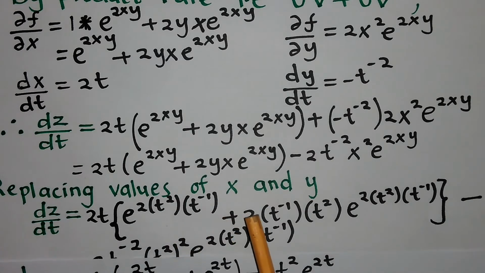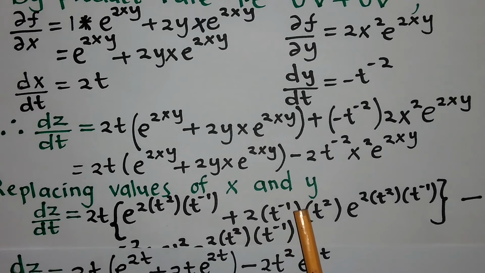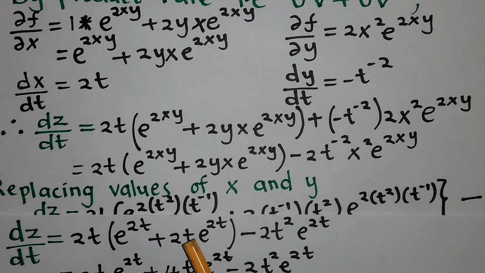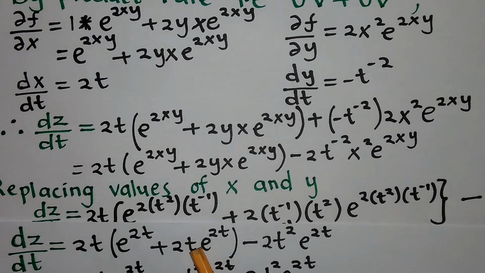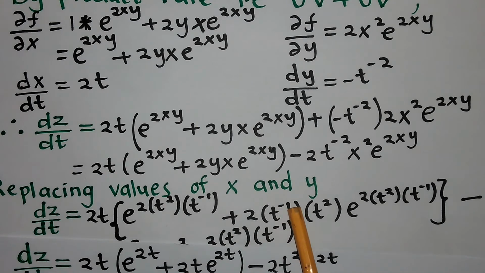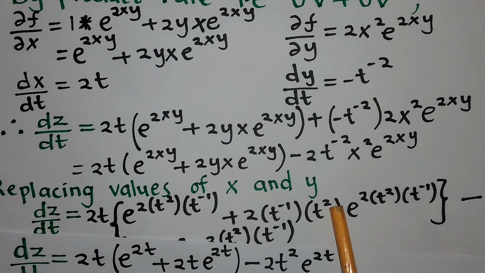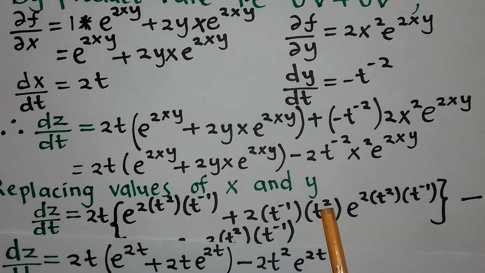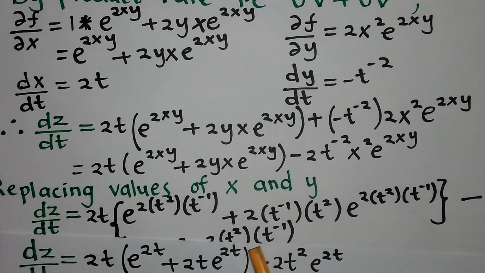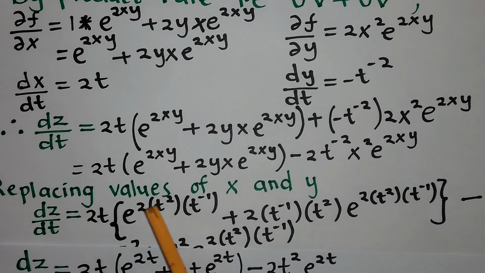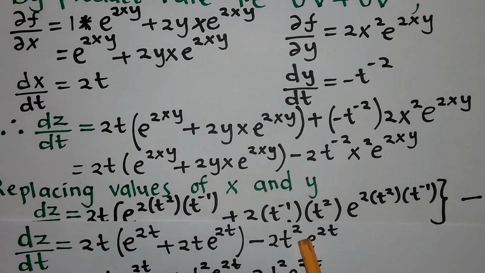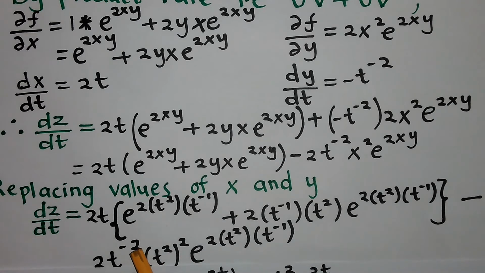Then this one is going to be negative 1 plus 2, which is 1. So that is going to be 2t. And then this one is represented in this. Then minus, we go to this.